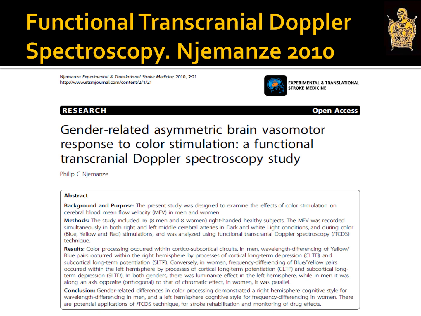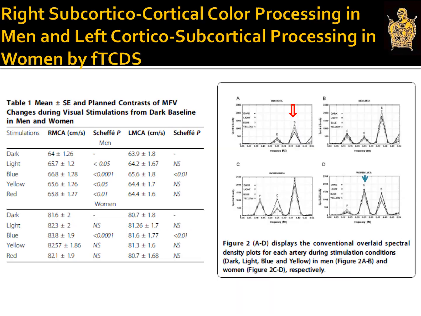In 2010, we studied cerebral blood flow velocity changes during color stimulation using transcranial Doppler. We demonstrated that in men, the changes occurred in the right hemisphere and showed wavelength differencing. In women, the changes occurred in the left hemisphere and showed frequency differencing. We applied Fourier analysis.